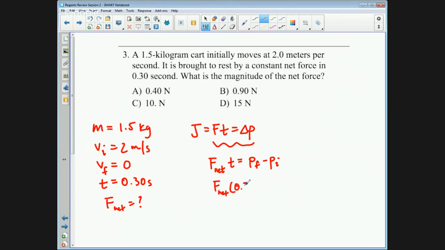Time is 0.30 seconds. P final is 0, and P initial is 1.5 times 2. So we have F net equals 3 over 0.3, which equals 10 newtons.